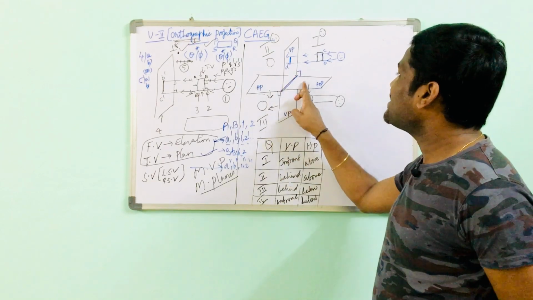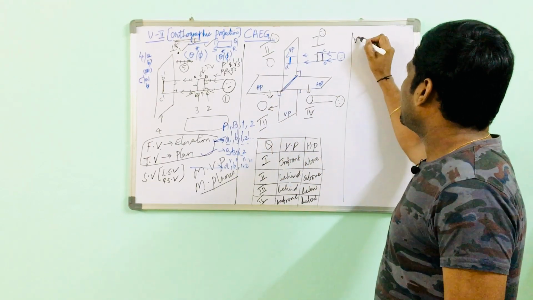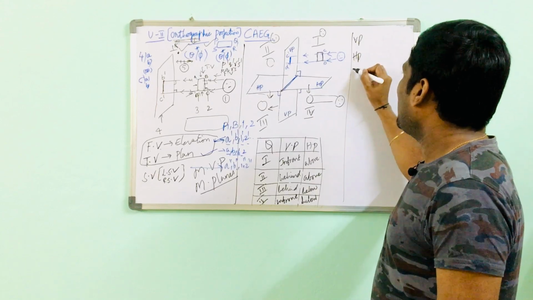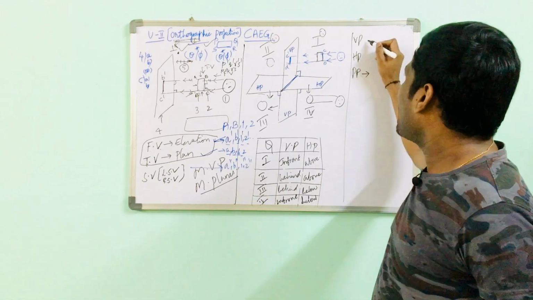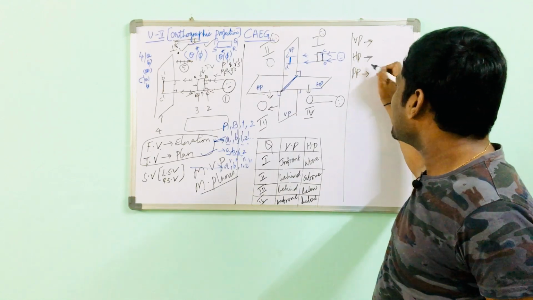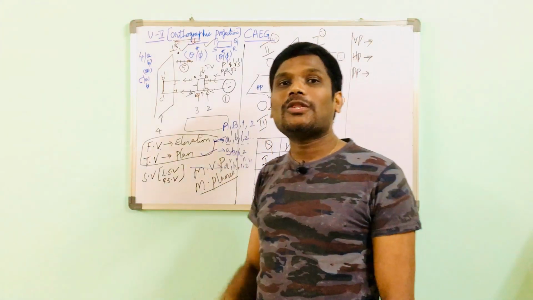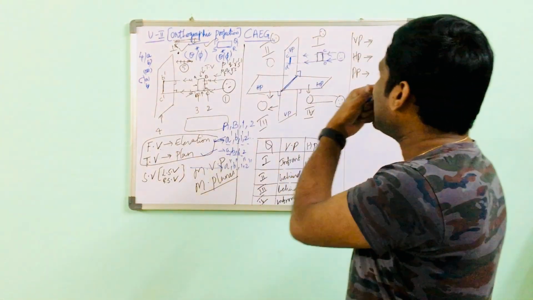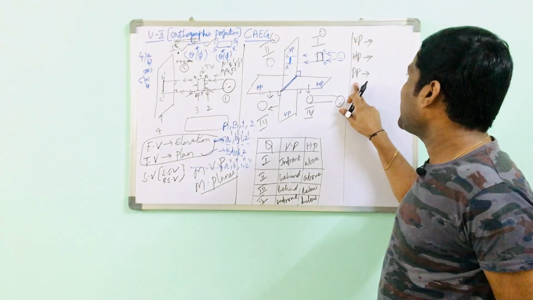Later, if you look at these planes, what are the different planes? I mean the vertical plane, horizontal plane and the profile plane. What is a profile plane, dear students? What is a vertical plane and what is a horizontal plane? They may ask you, what are the different planes in orthographic projection? The different planes are nothing but the vertical plane, horizontal plane and the profile plane.